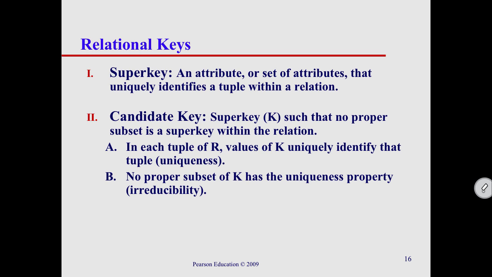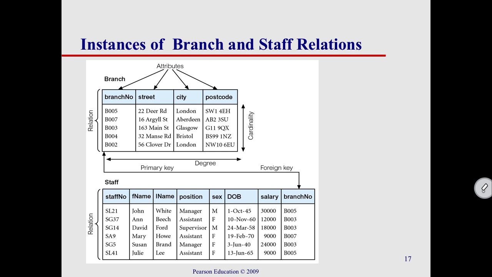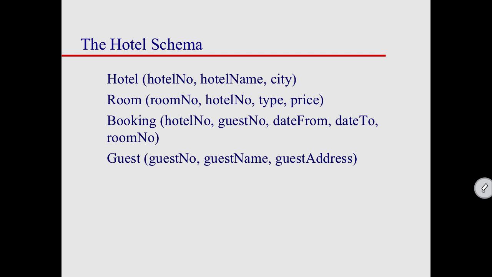Then we talk about candidate keys, which uniquely identify all tuples in the relation, and if you remove any attribute from that key, then it no longer uniquely identifies all the tuples in the relation. So it's the minimal possible set of attributes that identifies the tuples in a relation.